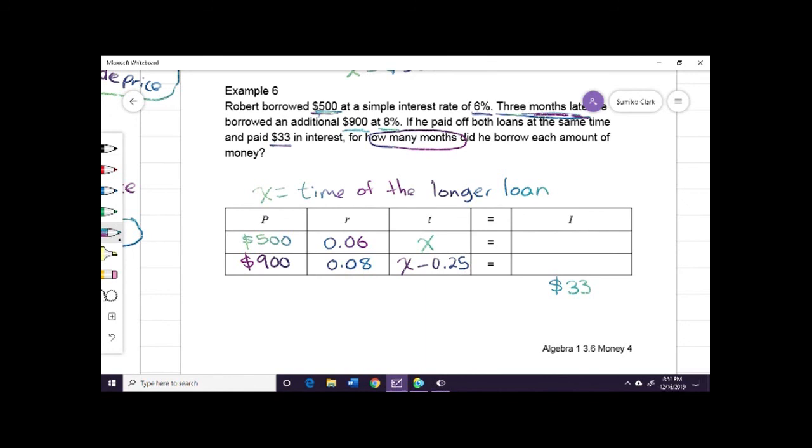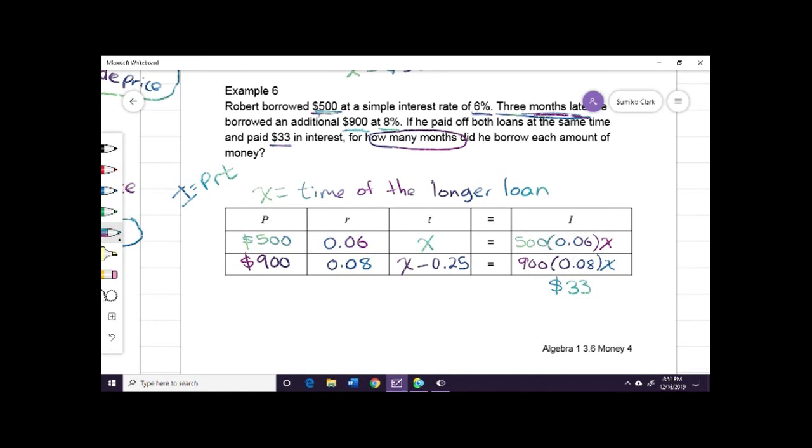Okay, now we know, because I equals PRT, that we can multiply PRT to get our I over here. So we get 500 times 0.06x, and we get 900 times 0.08x. And now we know that $33 is equal to both of these together. The total interest is the interest from the first loan and the second loan added together.